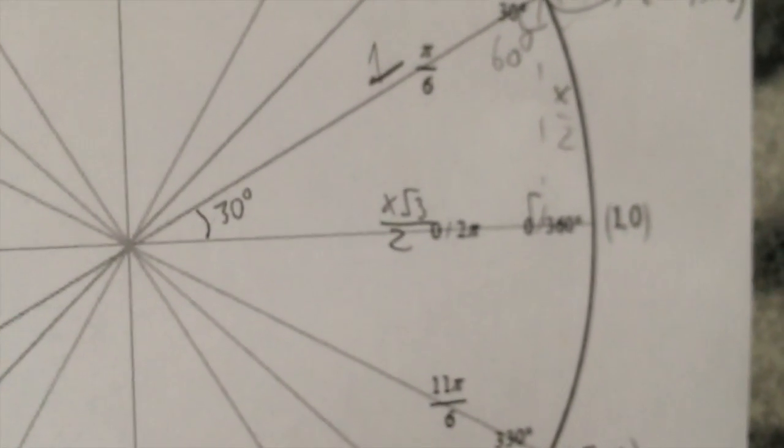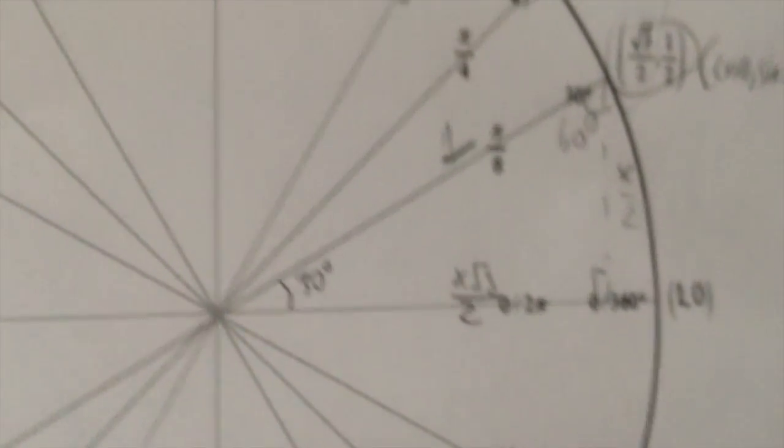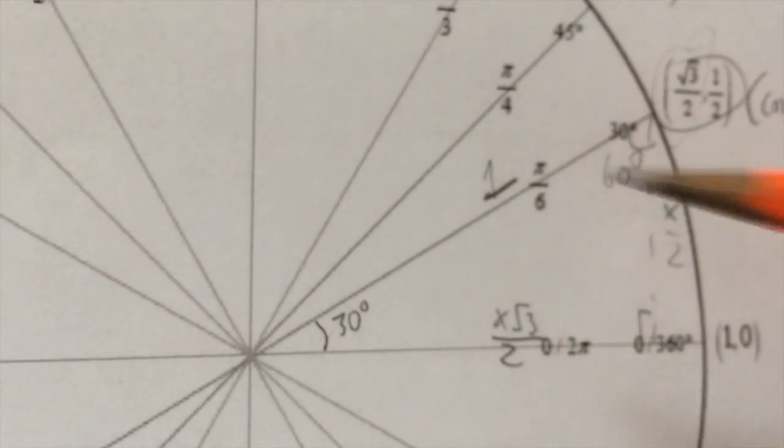Then let's try sine theta. That's opposite over hypotenuse. The opposite is x over 2, or, now that we have our value, it can just be 1/2. So sine theta equals 1/2 over 1.